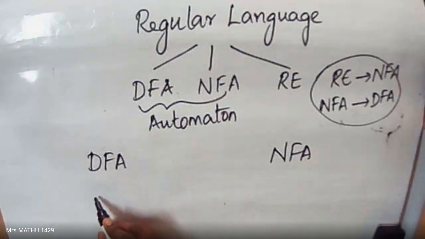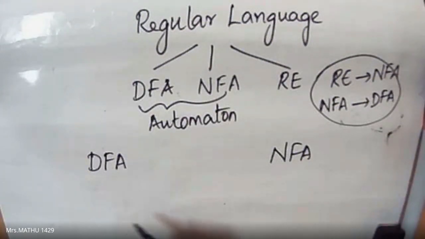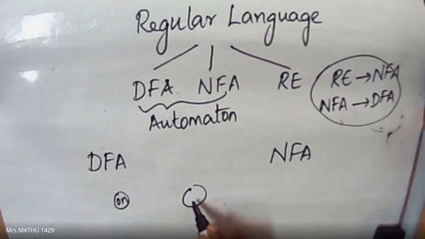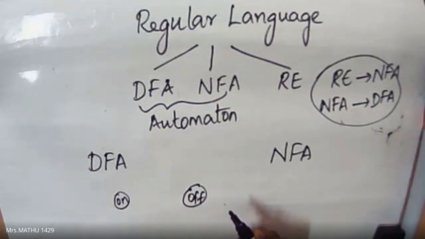So to simply understand, the D in DFA stands for deterministic. That means there is only one way, a determined way, only one possibility. There is no other way. For example, you can take two states, an on state and an off state of a switch.